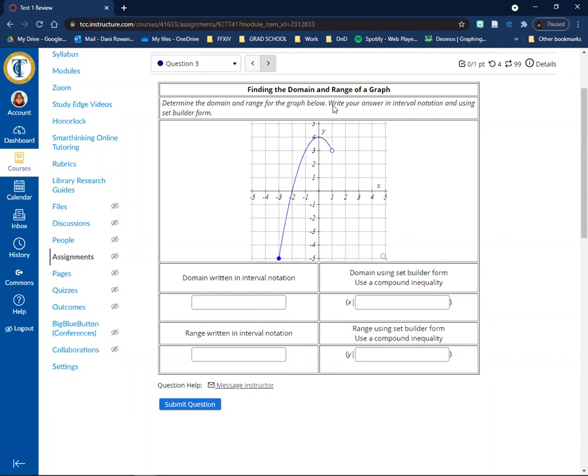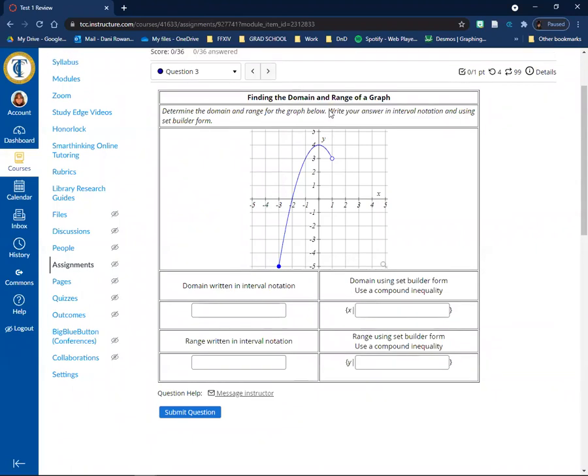So what would be the domain of this particular function? This is a reminder that the domain is the range of x values. If we're looking at the range of x values, it's -3 to 1, right?